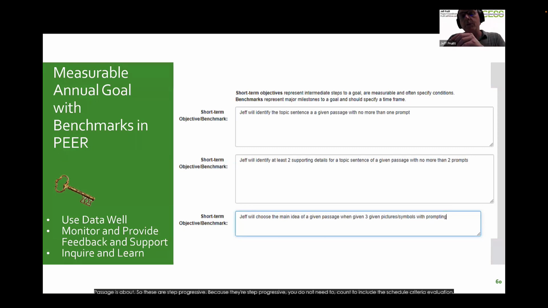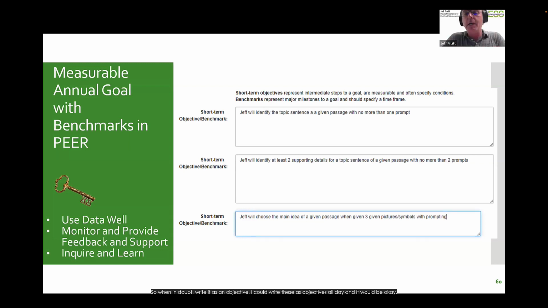Because they're step progressive, you do not need to include the schedule, criteria, and evaluation. But I will tell you, as an audit, if I look at objectives and I see that you have the schedule, criteria, and evaluation, you're good to go. If I look at benchmarks that are really objectives and they don't have the schedule, criteria, and evaluation, that's no bueno. So when in doubt, write it as an objective.